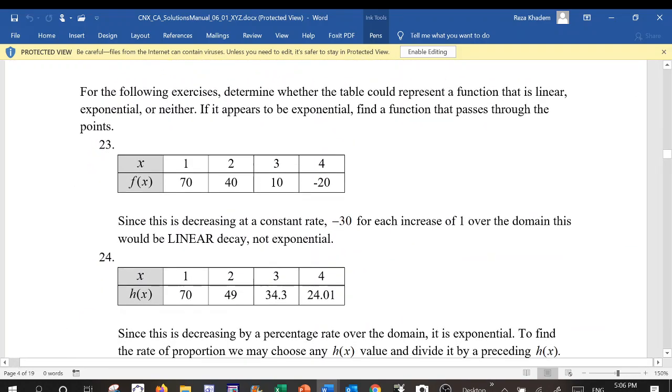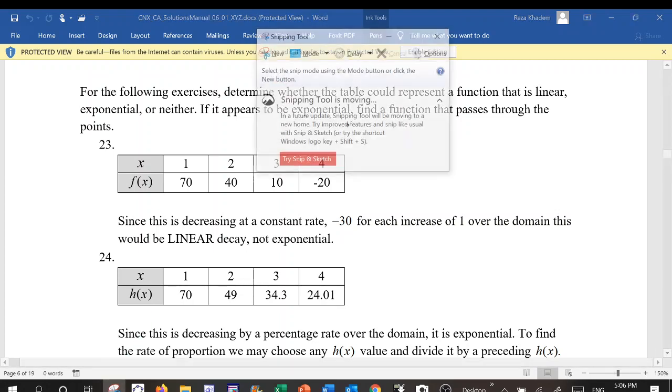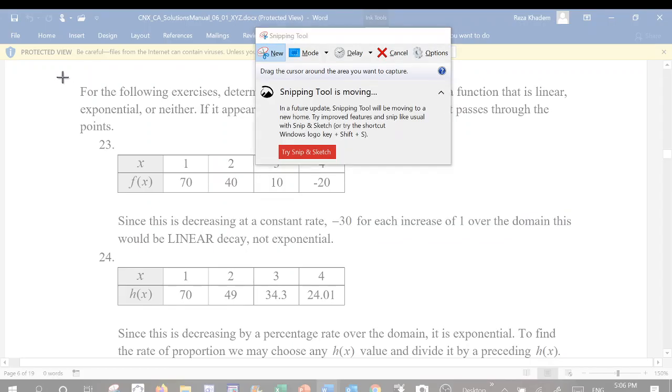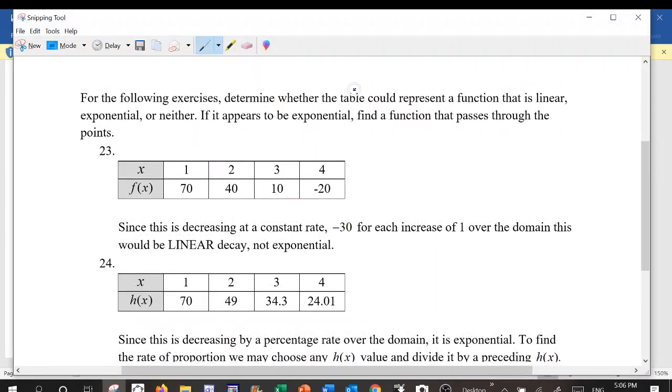Here it says, for the following, determine whether the table could represent a function that is linear, exponential, or neither. If you have an exponential situation, remember, if you start with a number and keep multiplying it by a number, say greater than 1, multiply by 2 you get 6, by 2 again 12, by 2 again.